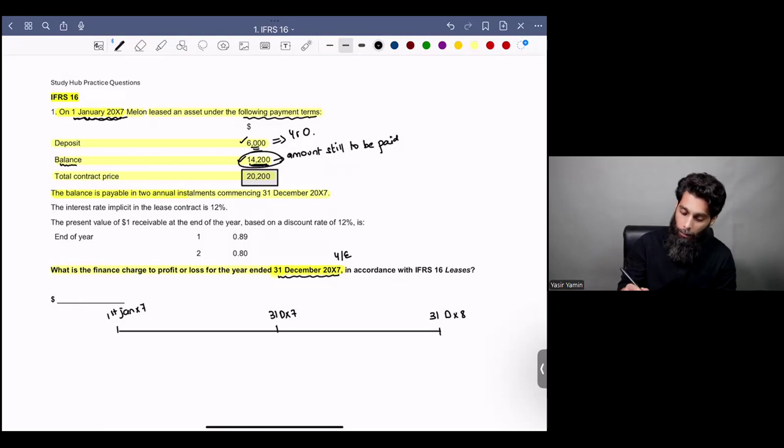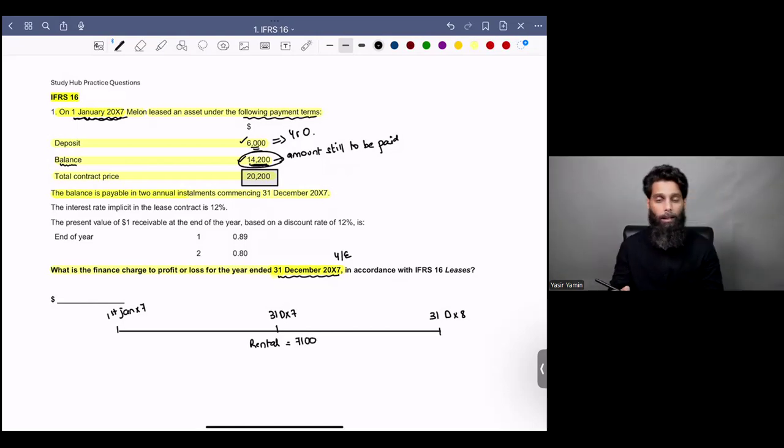On 31st December X7, the first rental that would be paid would be 7,100. Can anybody tell me how did I calculate this 7,100? Where did this calculation come from?